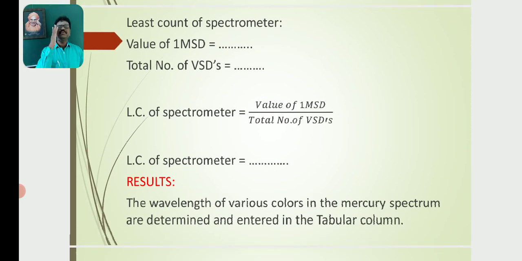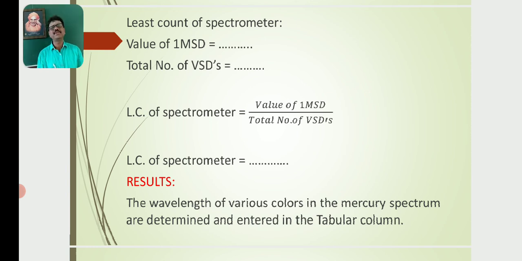Then the least count of spectrometer: the value of 1 MSD, then the total number of VSD. The least count of the spectrometer is the value of 1 MSD by the total number of VSD. Observing the scale of this spectrometer, which usually contains a circular scale, that means the main scale and then the vernier scale, just note down the value of 1 MSD and write it there, then the total number of VSD.